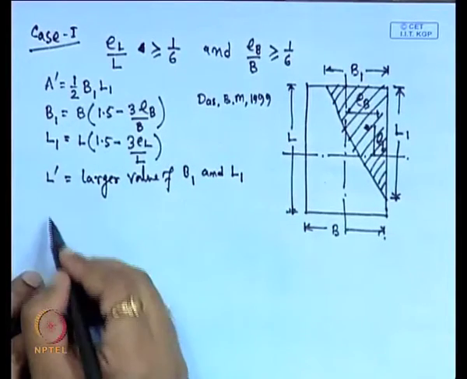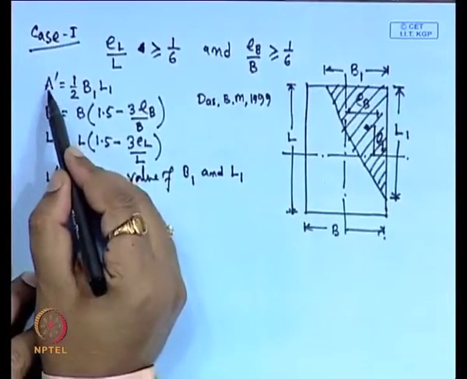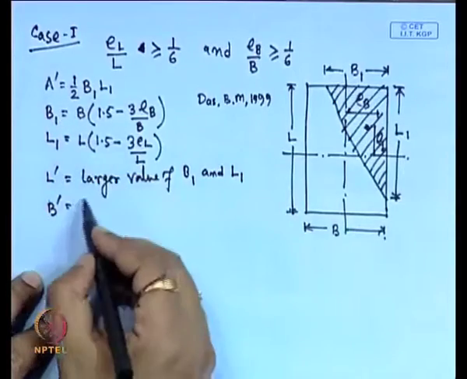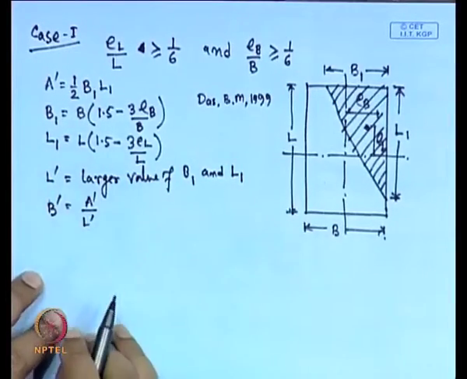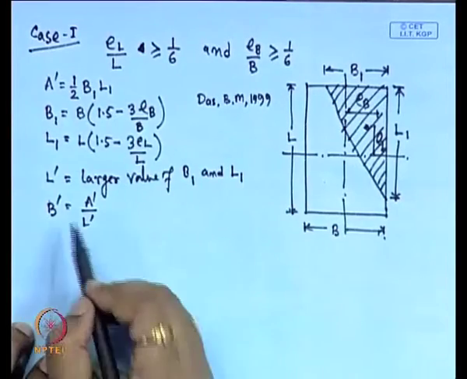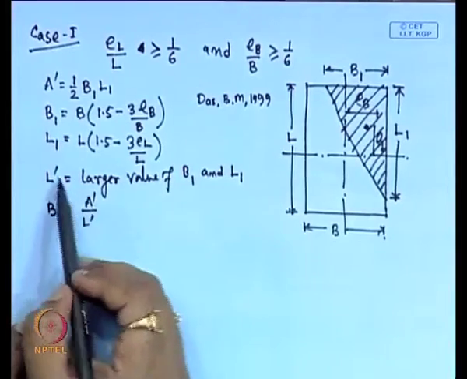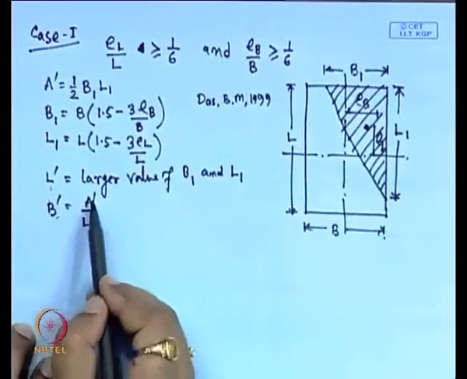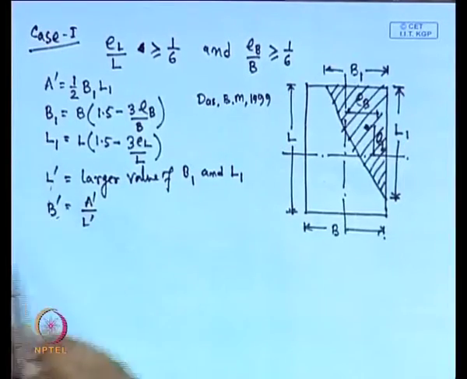Once we get L dash, then B dash will be, because we get A dash directly by this expression, A dash divided by L dash. So, the larger value of B1 and L1 will give the L dash value, and B dash will be A dash divided by L dash. So, we will get B dash and L dash.